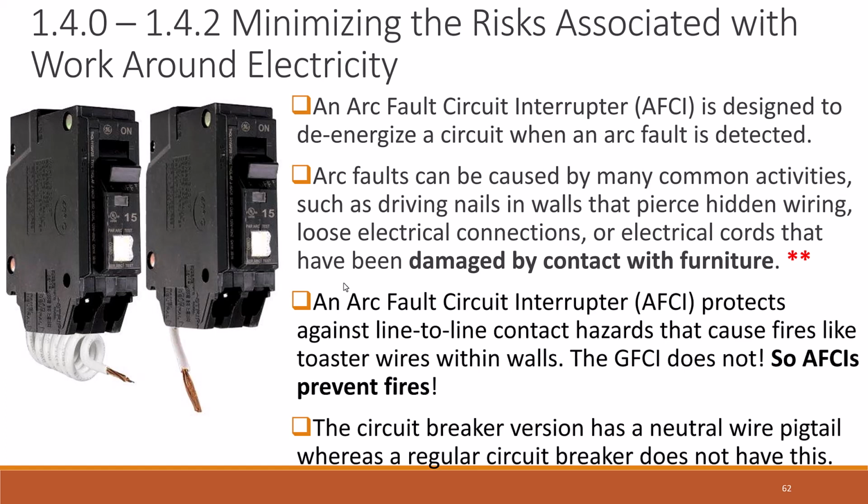So the AFCIs protect against line-to-line hazards. Remember, the ground fault circuit interrupter only protects against ground fault from line to ground, but the AFCI can detect line-to-line hazards too, and so they're very sensitive.